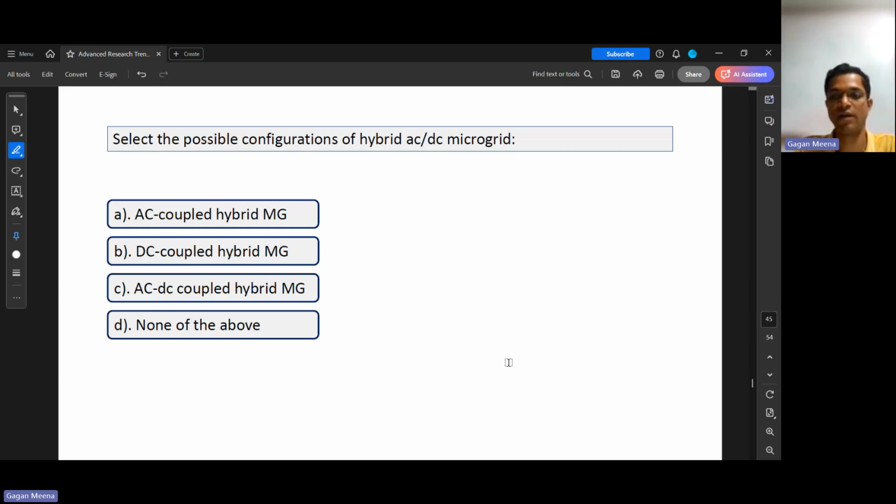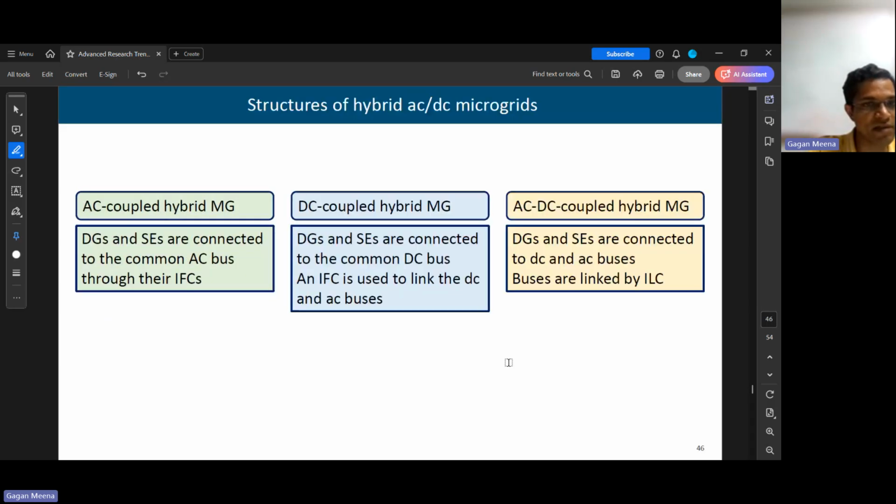Now the next question is to select the possible configurations of hybrid AC-DC microgrid. AC coupled hybrid microgrid, DC coupled hybrid microgrid, AC-DC coupled hybrid microgrid, or none. So the answer option is A, B, C. The structure of hybrid AC-DC microgrid has a total of three options. One is AC coupled hybrid microgrid.